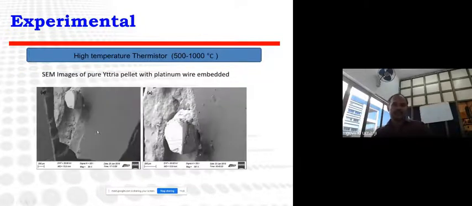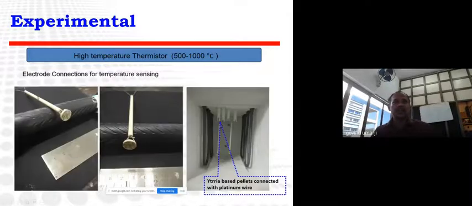Then we checked the microstructure, the connection of the platinum wire with the embedded thermistor material, and ultimately we came up with this pellet of 10 diameter and around 1.5 thickness, and we started measuring and calibrating this sensor.